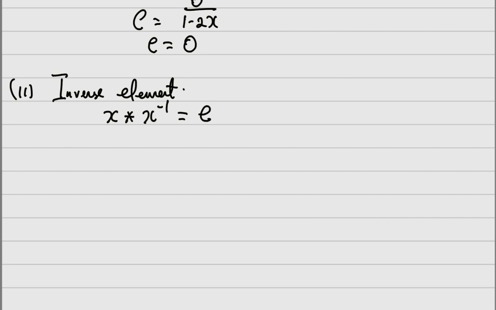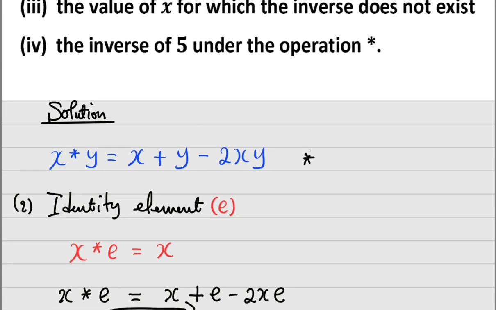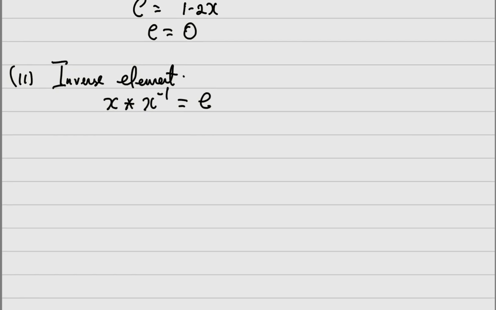All right, that is the condition. So we move ahead now to actually apply this particular expression. So we have x asterisk x inverse will be equal to x plus x inverse minus 2x times x inverse.